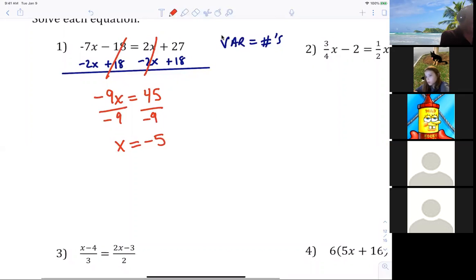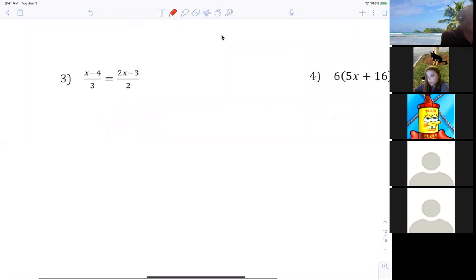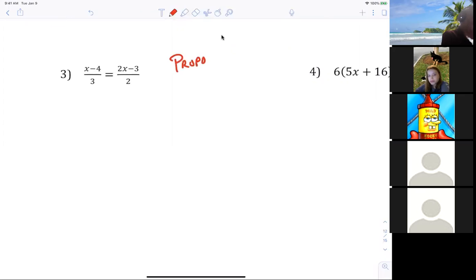All right, number 3. It seemed like this is the one most people had trouble with. This, again, is a proportion. Because it's a proportion, we're going to cross multiply. So we multiply this, that's 6x minus 9. I don't want to skip a step on that, I'm sorry, guys.